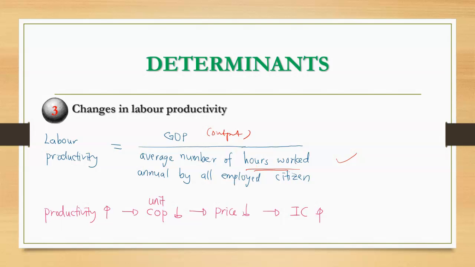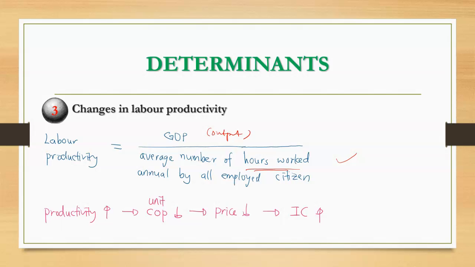So with 8 working hours, if they can produce more than last year, their labor productivity increases. If they cannot produce more than the previous year or previous month, and instead the output they are producing is lower with the same working hours, then productivity level can be considered reduced.